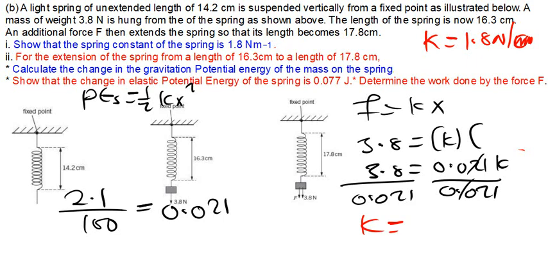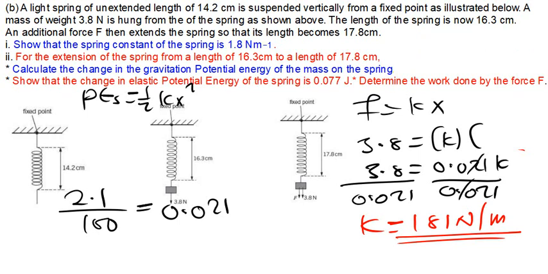So I'm getting 180.95, which is the same as 181 Newton per meter, like that. Now that I have my k in Newton per meter, I'll put it there. My k is equal to 181 Newton per meter.